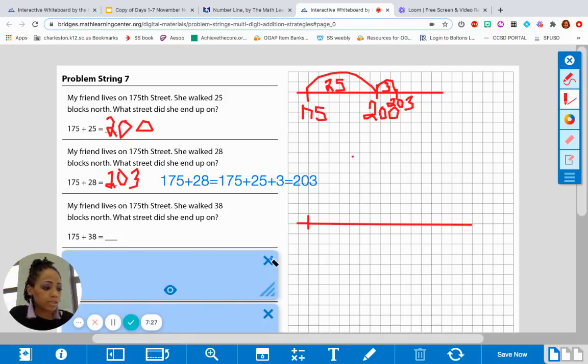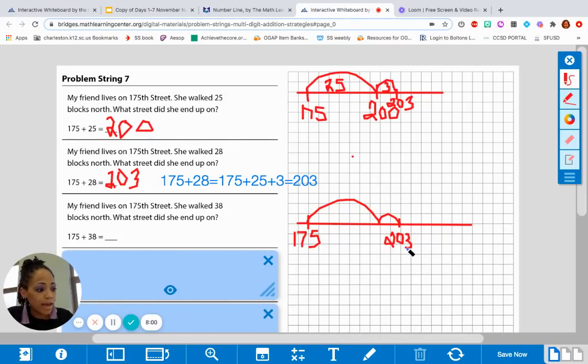All right, so what are you noticing? Hopefully you know that 38 is how many more than 28? It's 10 more. So if I have 175, we already did to 25, and then we added 3 more, which gave me 203, and that's 28, right?